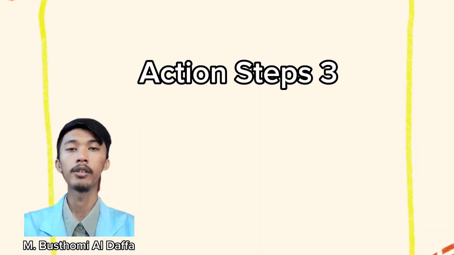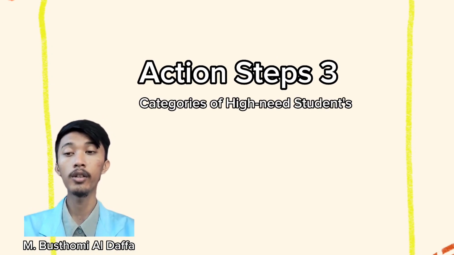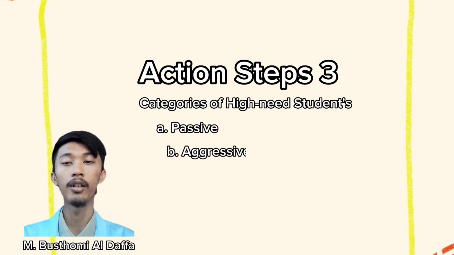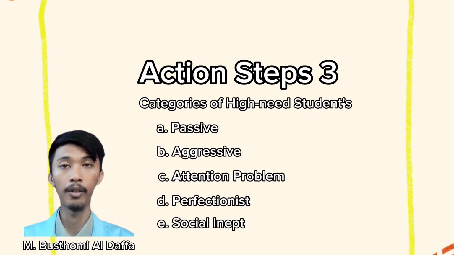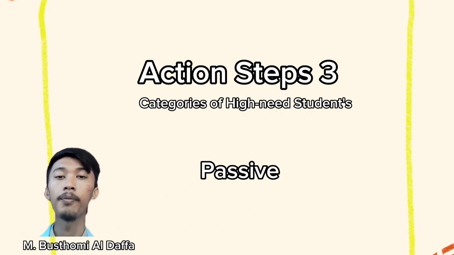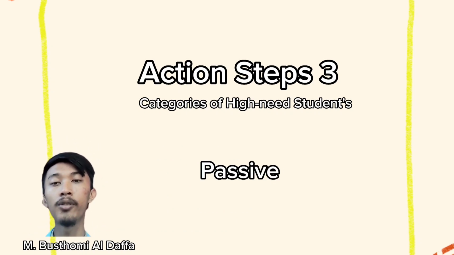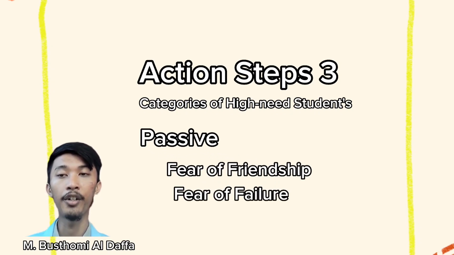The next is action step 3. There are 5 categories of high need students. Those are passive, aggressive, attention problem, perfectionist, and socially inept. Passive. The passive category is divided into 2 subcategories. Those are fear of friendship and fear of failure.